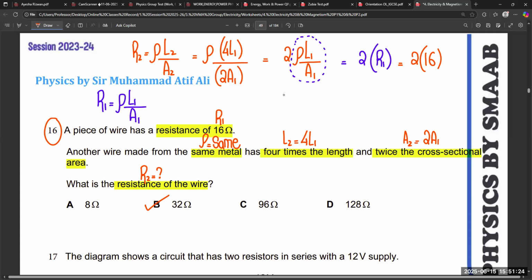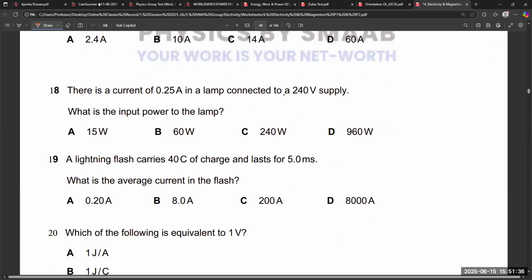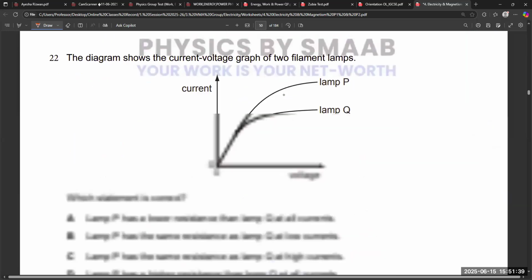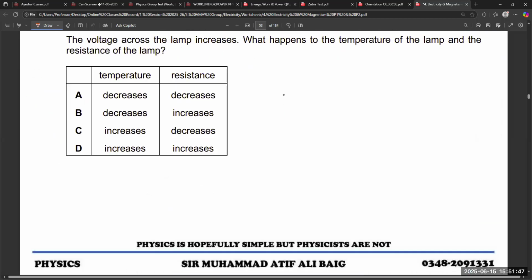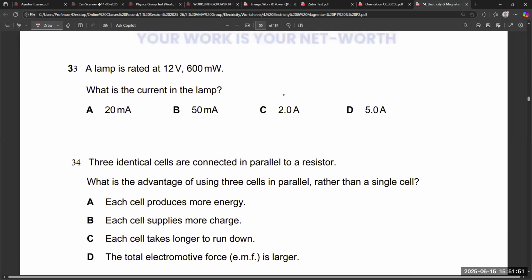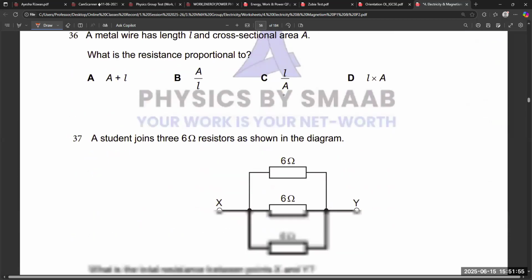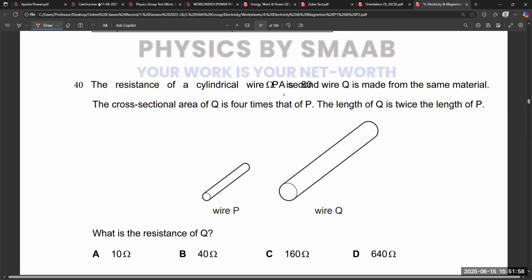And in the same way, question number 40: the resistance of a cylindrical wire P. Okay, so this is wire P with a value of 80 ohms.